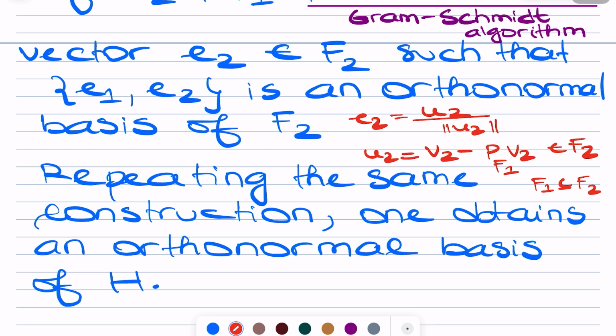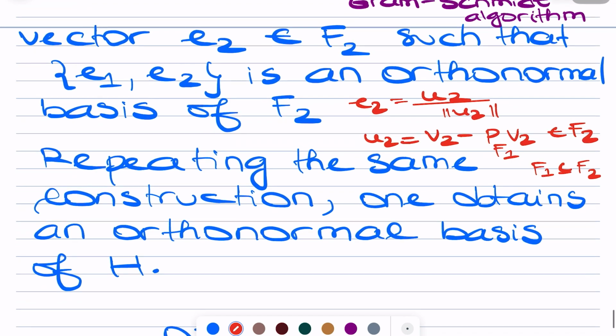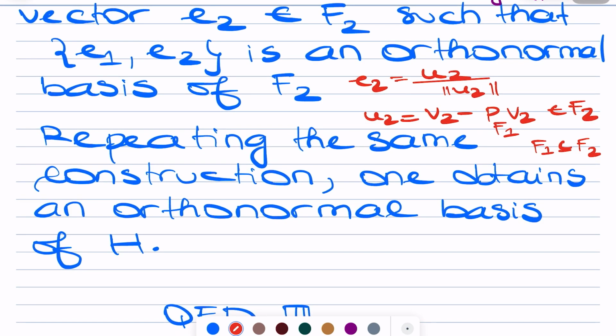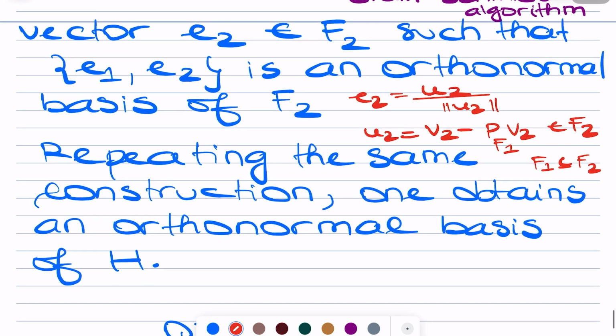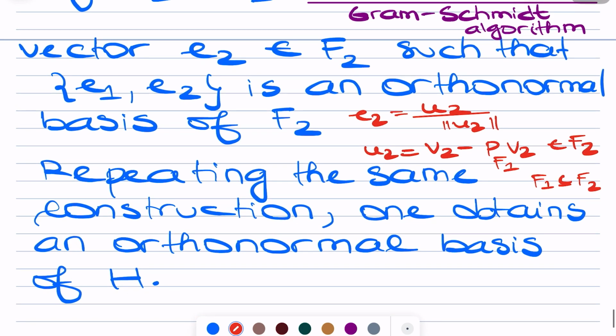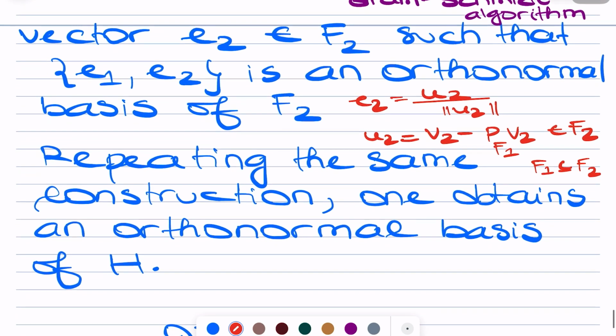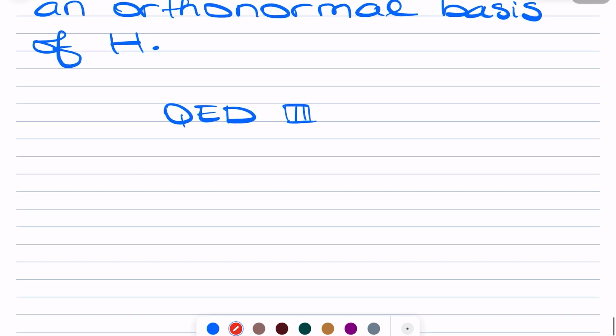I think I'm getting confused somewhere, but the existence of those vectors e_1, e_2, e_3, and so on follows from the Gram-Schmidt algorithm.